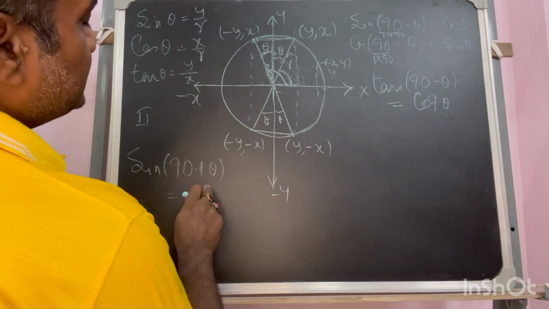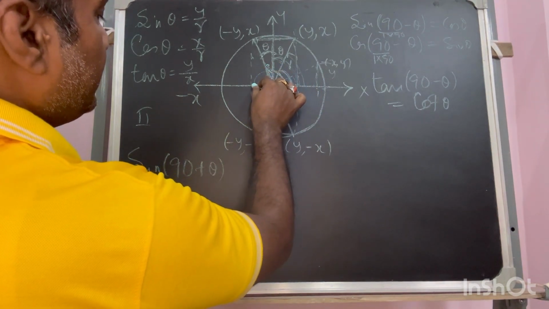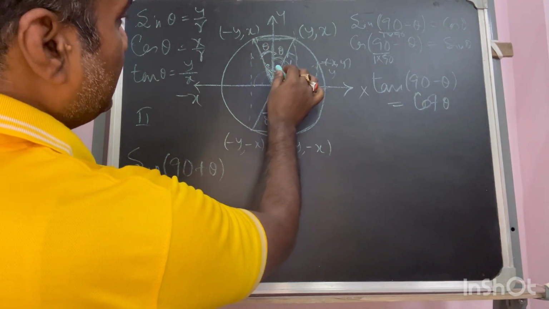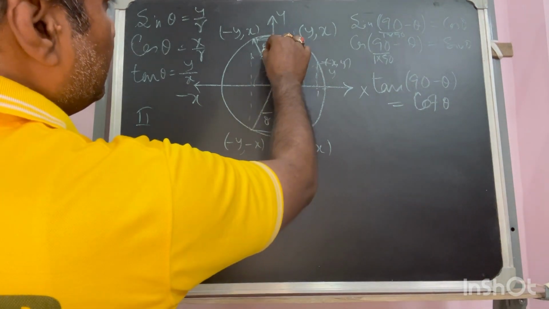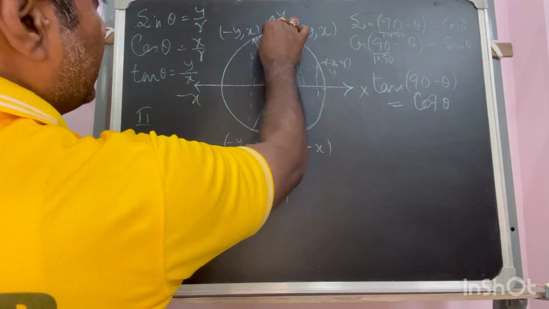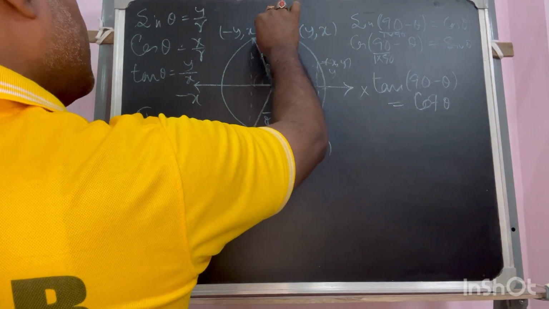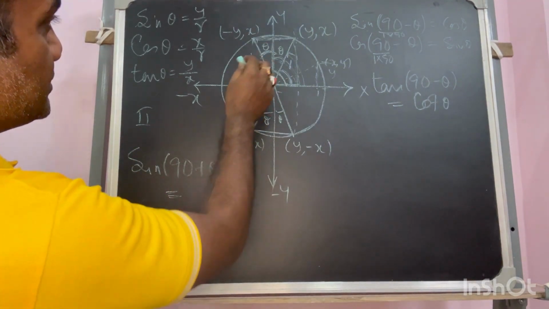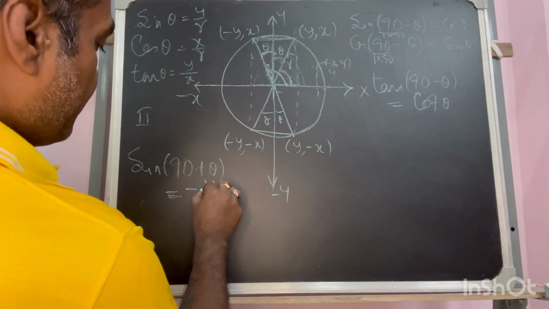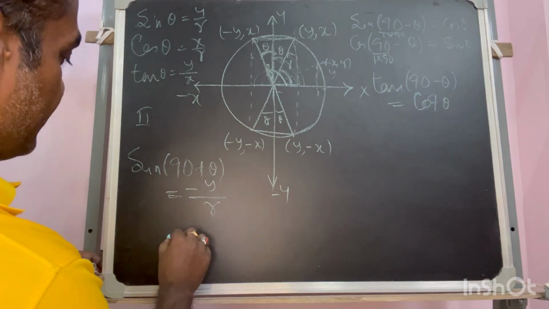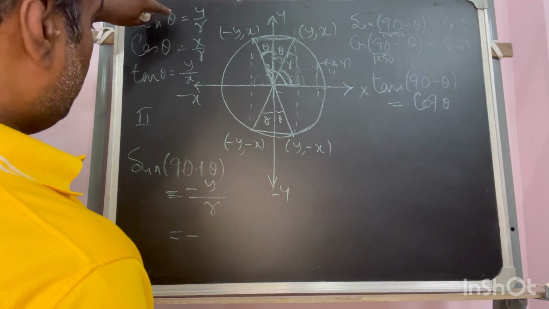Sine of 90 plus theta, that means equal to, or you can say 180 degrees minus, that will be okay. Sine of 90 plus theta will give you this triangle. So for sine, this will be how much? Sine is equal to minus y by r.